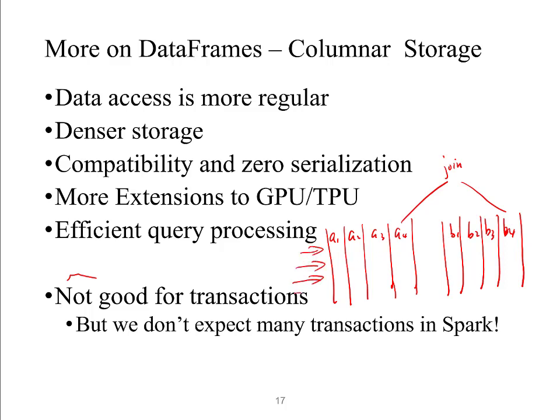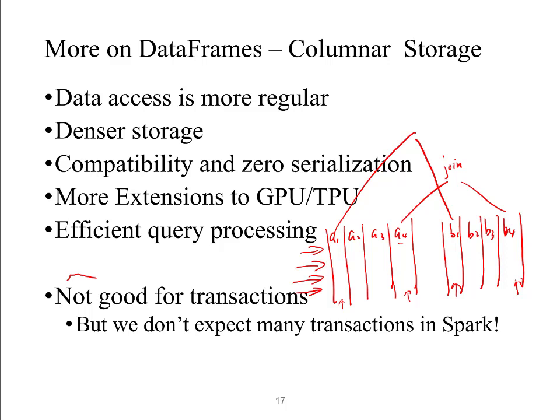With row-based storage, we need to access each and every data item just to take one or two columns. Let's say we do a join here and we select A1 and B1, so we need to access all the data, but essentially we only need these 4 columns. That is what we need.